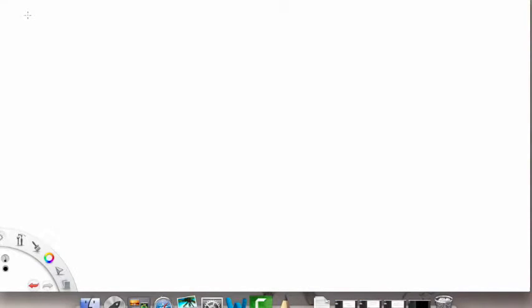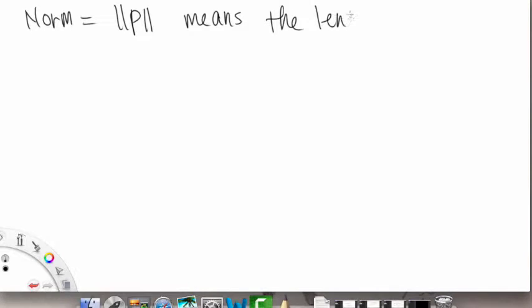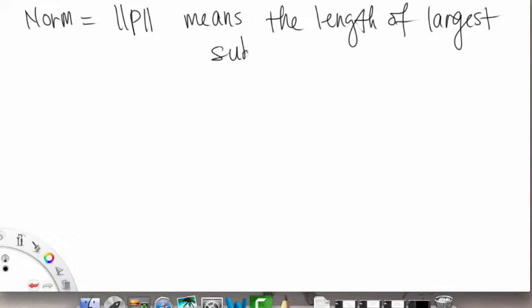So let's bridge that. Remember that I said the norm, which is denoted by a P in those fancy signs, means the length of the largest subinterval that we consider or compute.